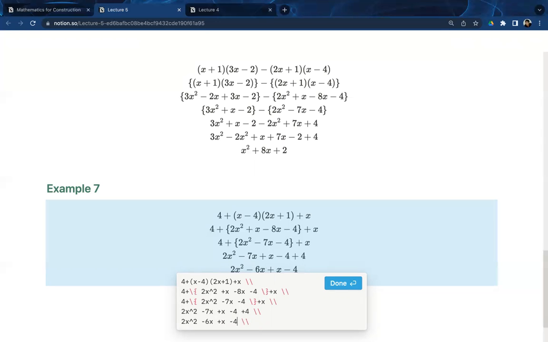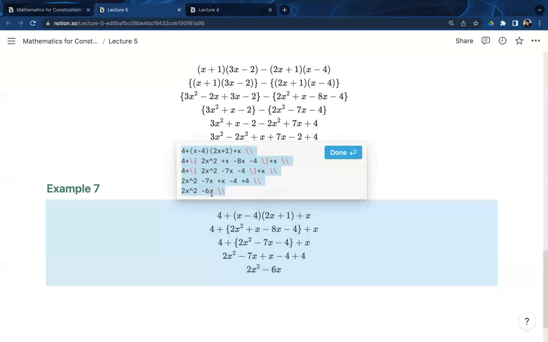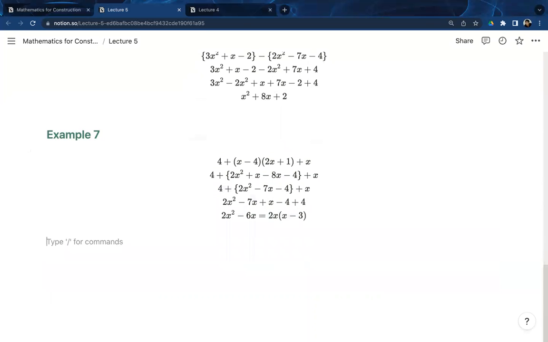And -4 plus 4, that's 0. Okay, this -4 cancels with this +4, so I get 0, and this is the final answer. You can factorize this. 2x is the highest common factor, and 2x by 3 is 6x. So this is the answer here.